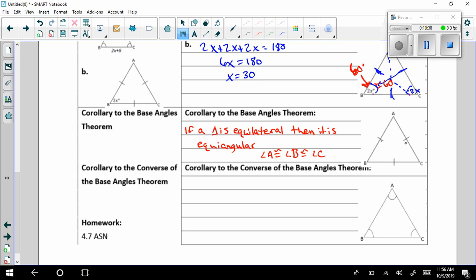So when I see all these tick marks, I can automatically go in and fill in our congruency marks for the angles. All right, and then the converse of that is also true. If a triangle is equiangular, then it is equilateral. So if you see all of the angles marked, you can automatically state that AB is congruent to AC is congruent to BC.